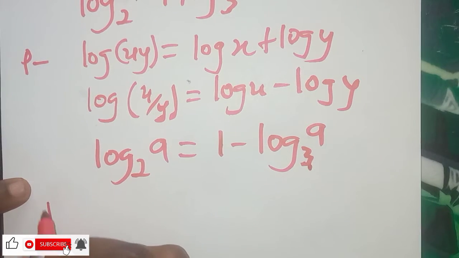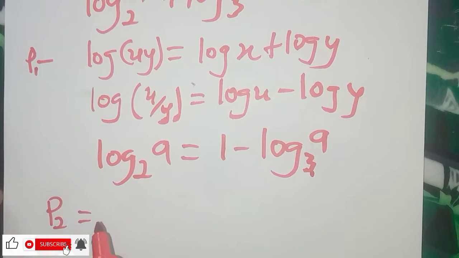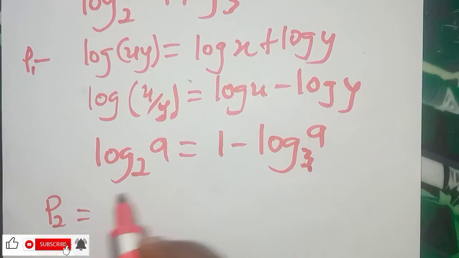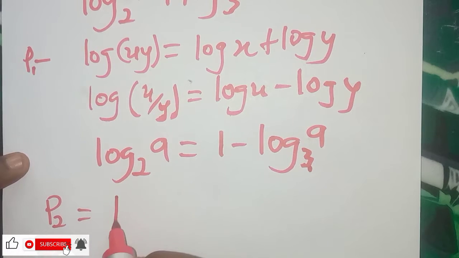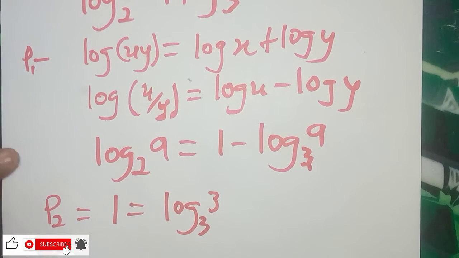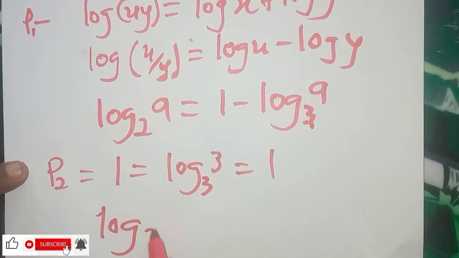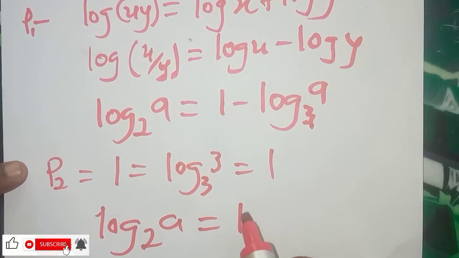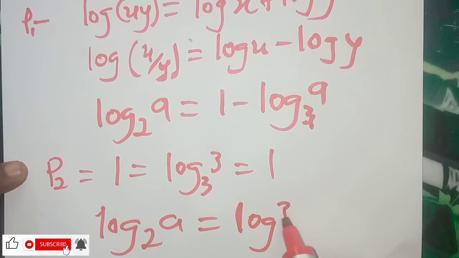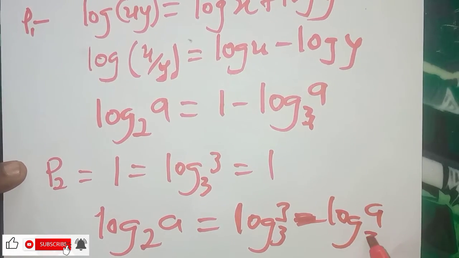Another property of log is that the log of 3 base 3 is equal to 1. So let me substitute that: we have the log of 3 base 3, minus the log of a base 3.